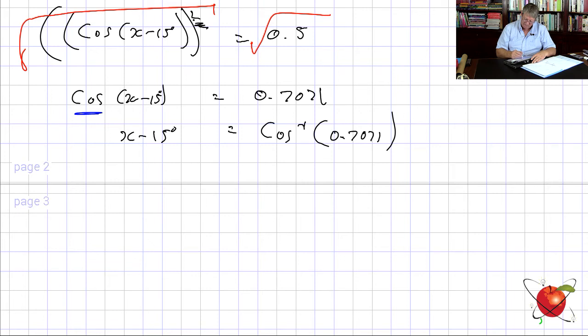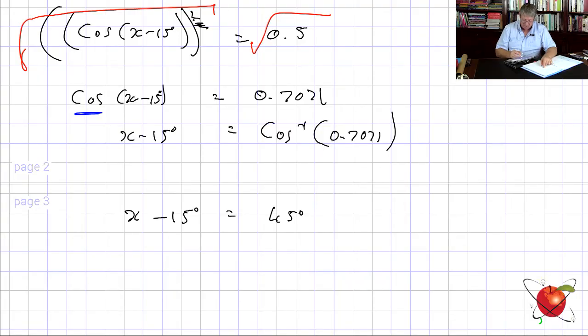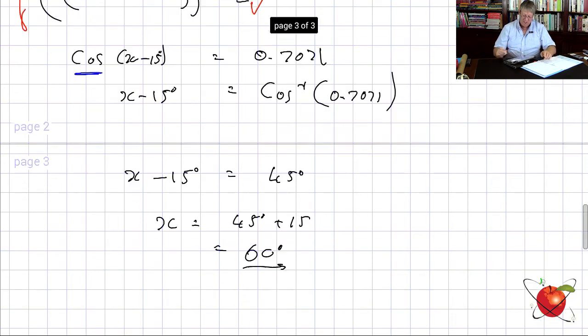Therefore, x minus 15 degrees is equal to 45. What next? Hello. That's a number. It's on the wrong side. Post him to the opposite side, okay? I know you do accountancy, you do postings, but let's get rid of him. How? Add it to both sides. X is 45 plus 15 is 60 degrees. Done.